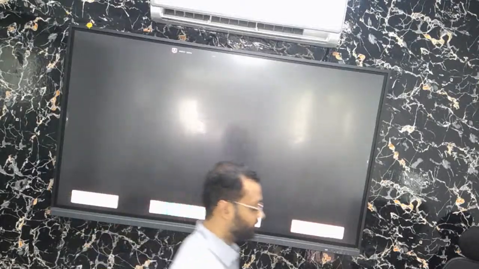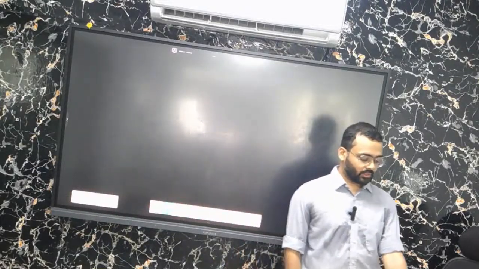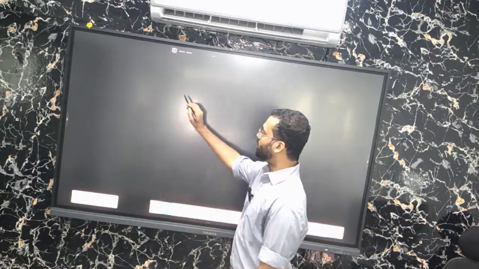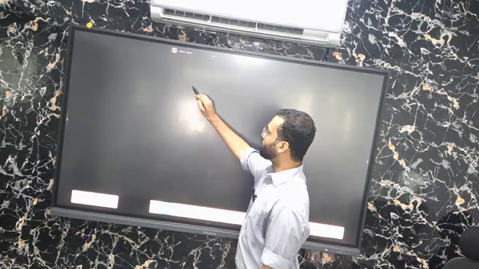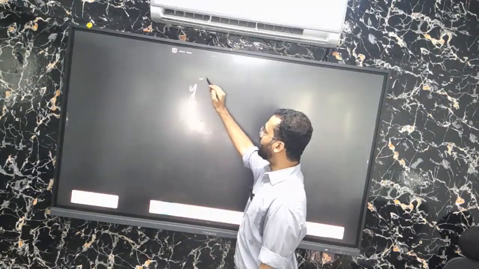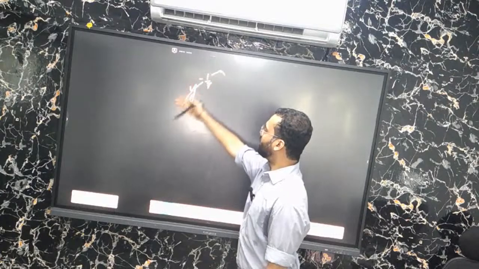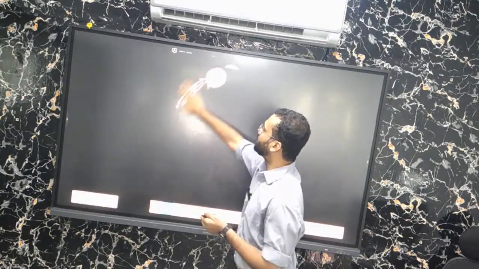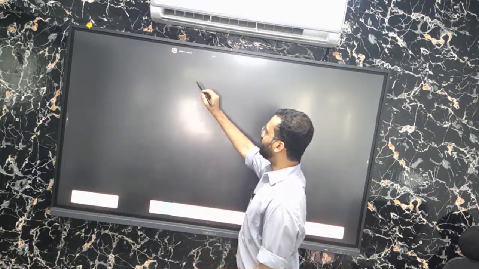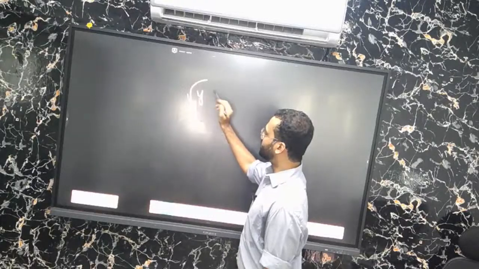How will you write the seventh root? The question is the seventh root divided by the eighth root of y. So seventh root means y power minus 1 by 7. I don't know if I told you last class. If I have root of y, this is square root of y.